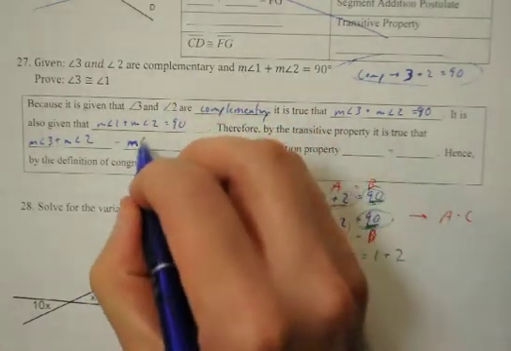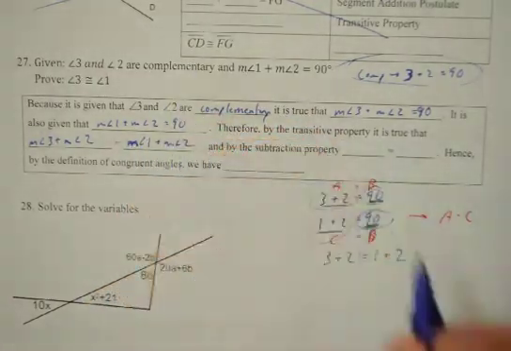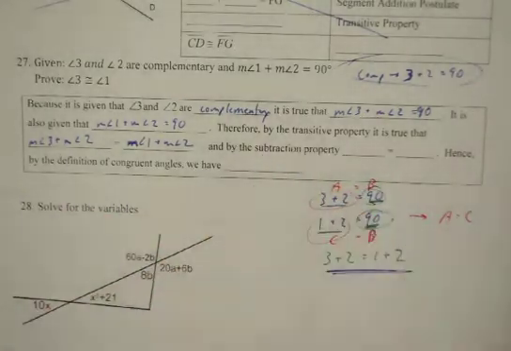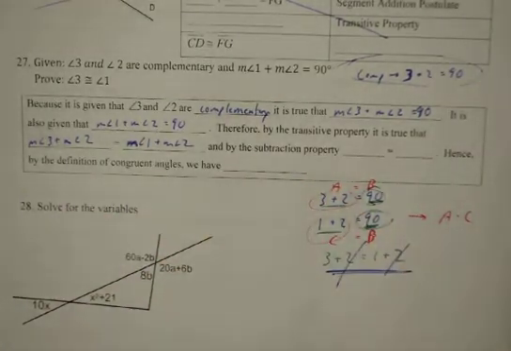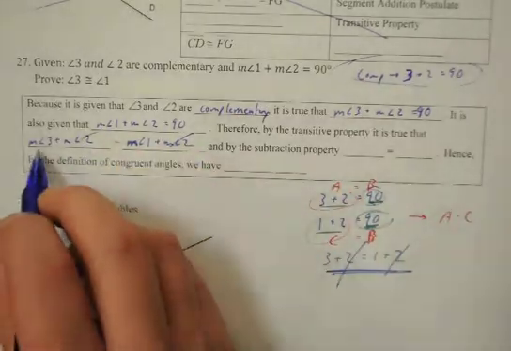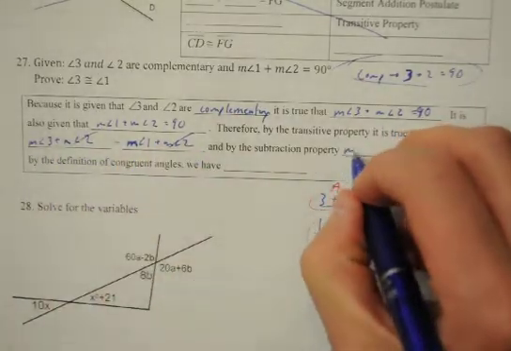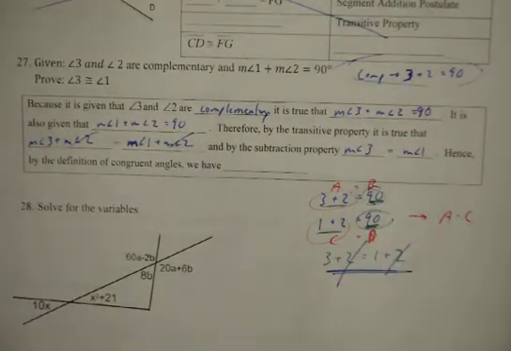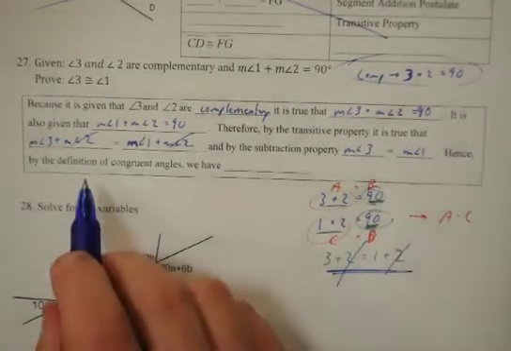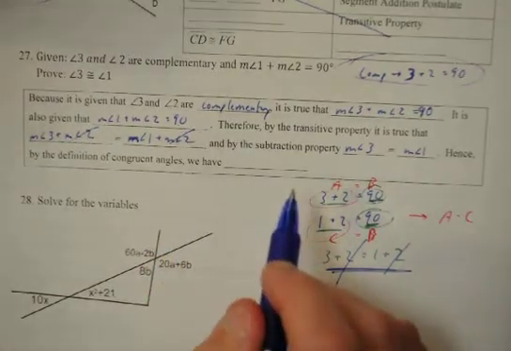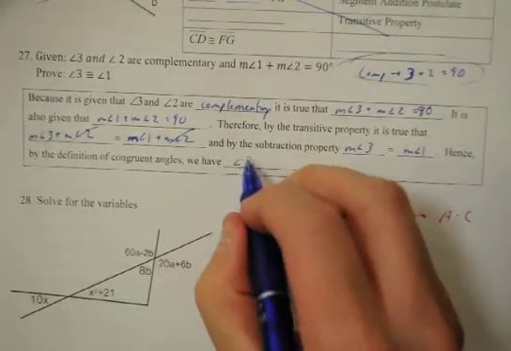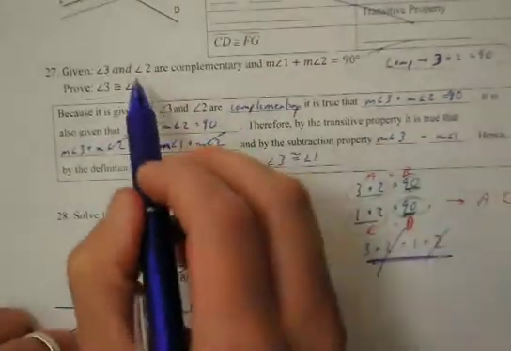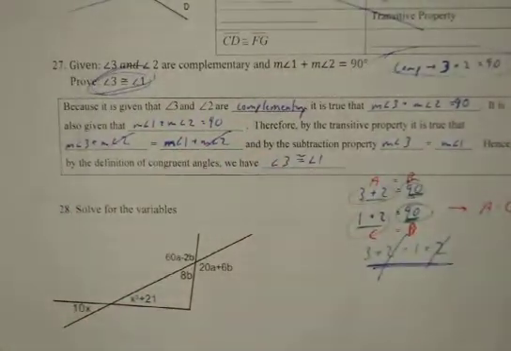There it is, just like that. Now I can subtract the 2's. So I've got 3 and 1 left. And therefore, by definition of congruent angles, we have that angle 3 is congruent to angle 1, which is exactly what we were trying to prove.